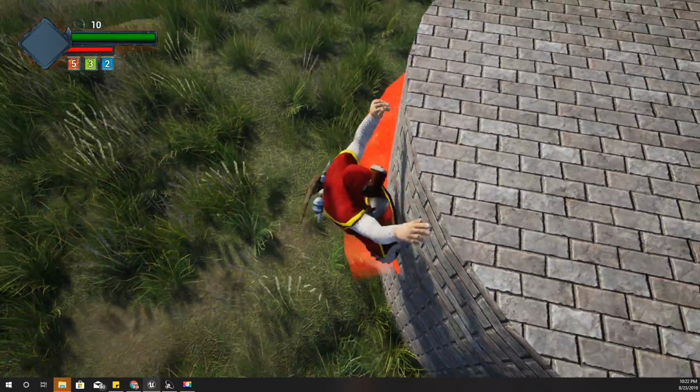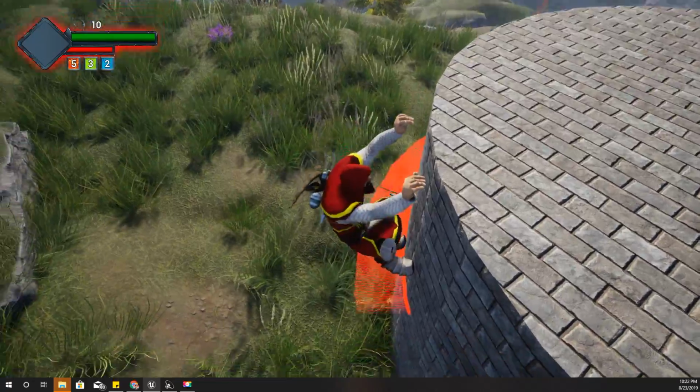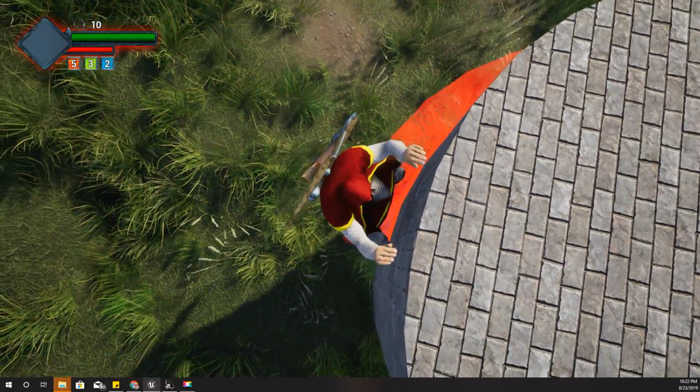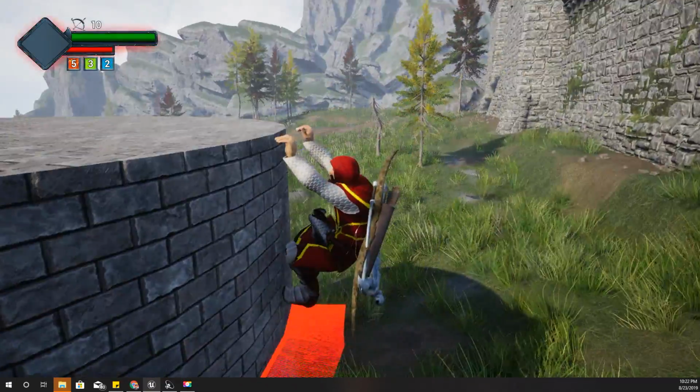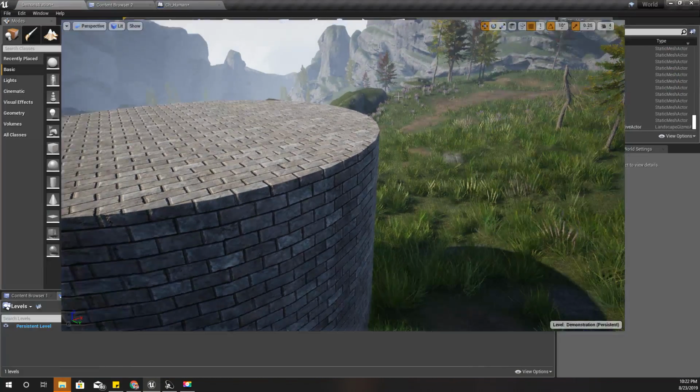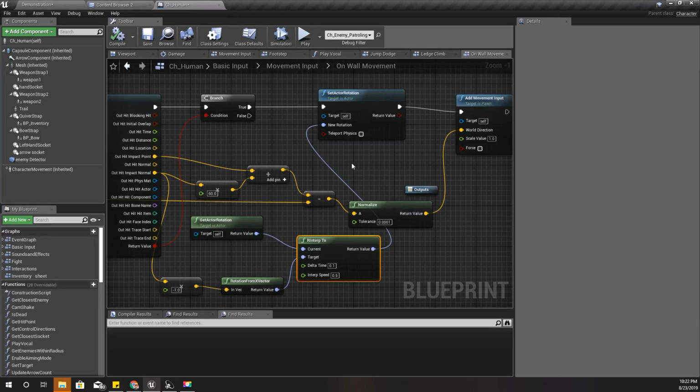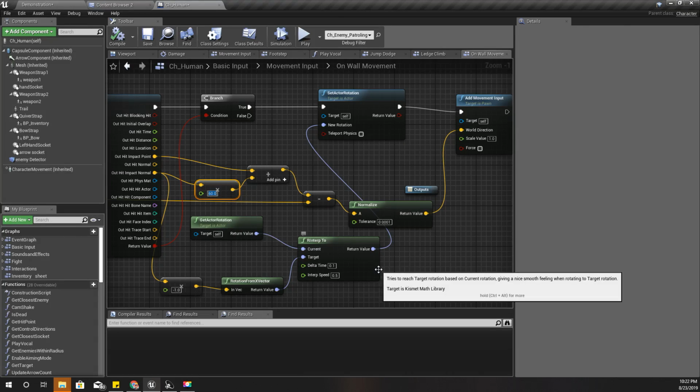How can I fix this length? Right, maybe here instead of 60, let's put 50.